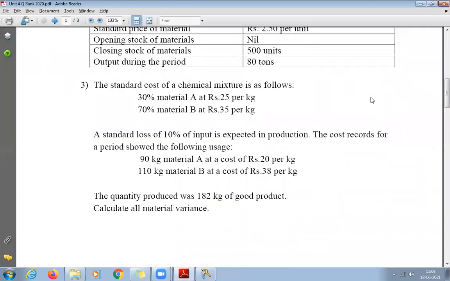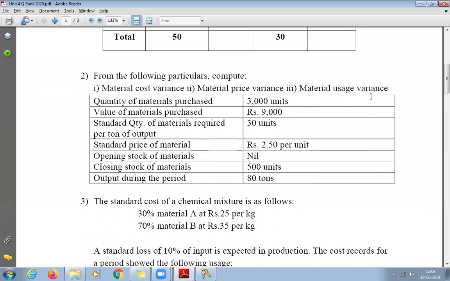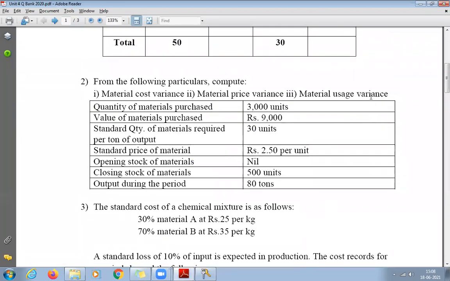So question number 2, can you try this as homework? At least you'll get into the habit, whether you understood or not, please try this. For material cost variance, you have to calculate only three: cost variance, price variance, and usage variance. Only one material is given. The quantity of material purchased is 3000 units, and the value of material purchased is 9000.